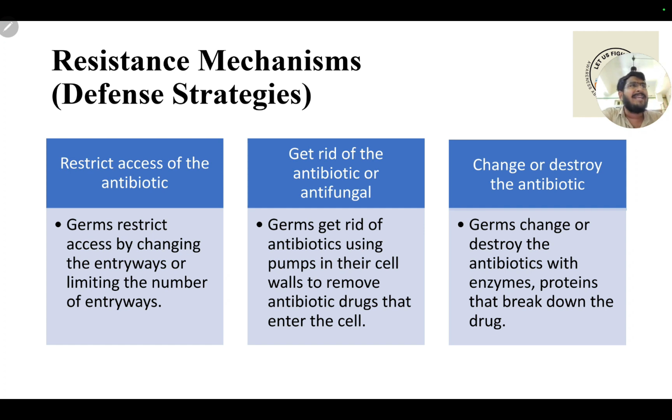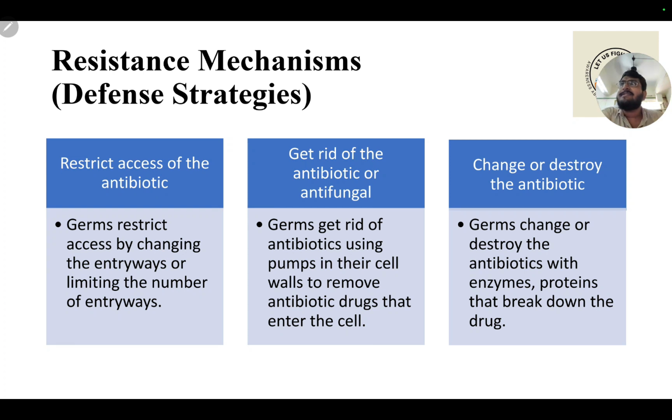For example, its cell wall, or its cell membrane, or its DNA, or its ribosome, or the process of protein synthesis in the bacteria gets affected. So the antibiotic has definite targets where it has to go and act.